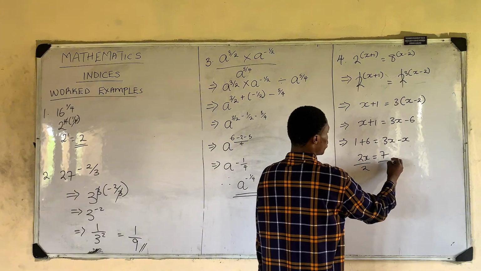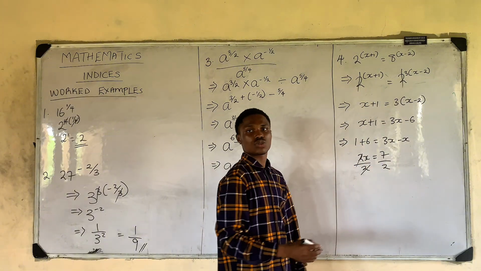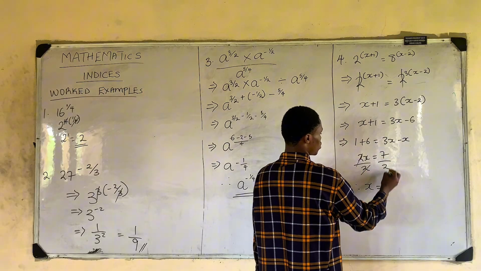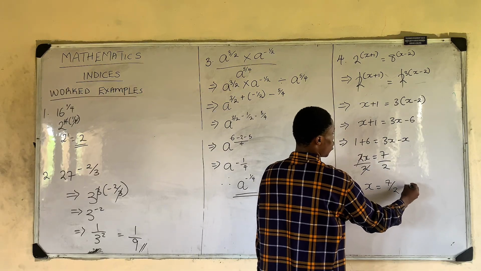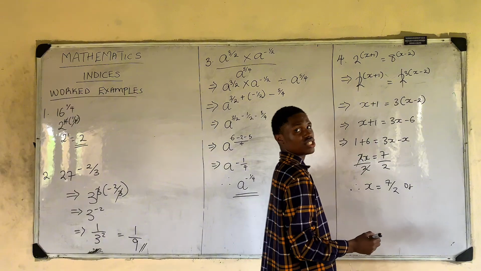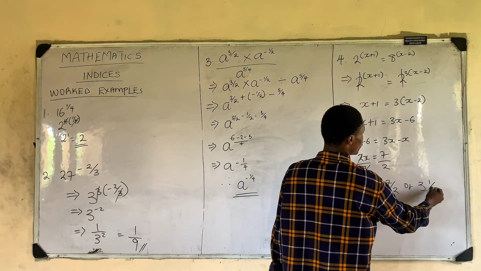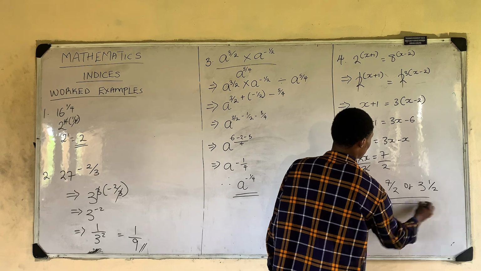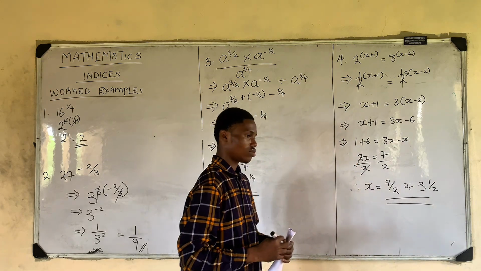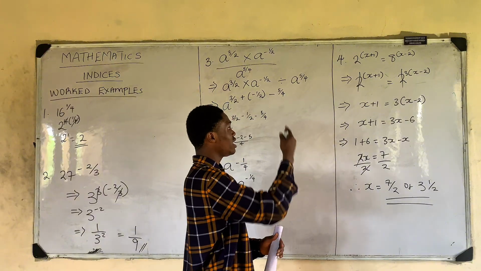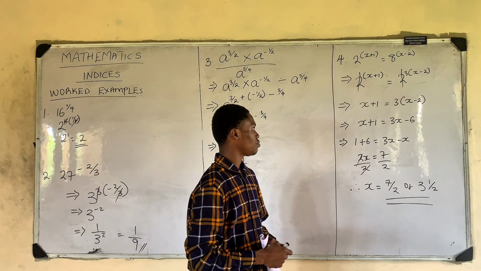Dividing both sides by the coefficient of x, which is 2, we have that x equal to what? 7 over 2. Or, changing it to a mixed fraction, we have 3 whole number, 1 over 2. This is the answer for this particular question.